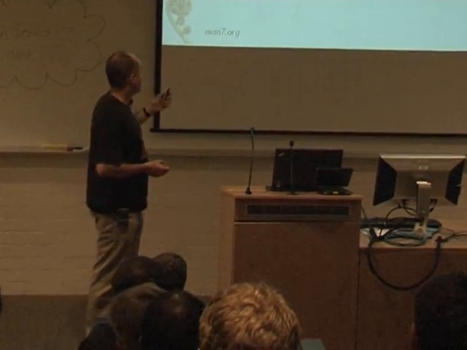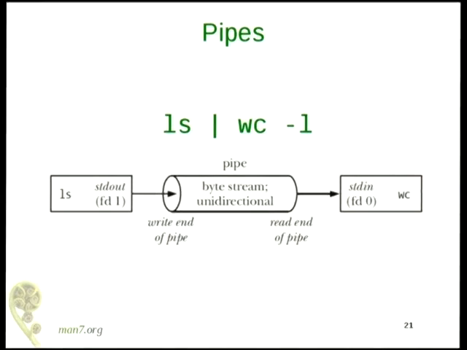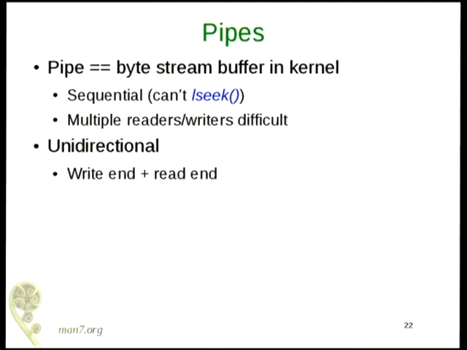A pipe has a write end, that's the end that things go in, a read end where the data comes out. So a pipe is just a buffer in the kernel. You can't seek on it, you can just do sequential reads.